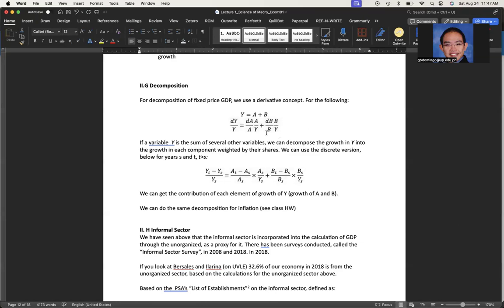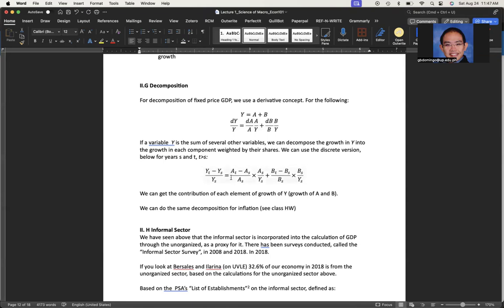This is the discrete version of the above. It's the same as the above, but this time in terms of years. So you have yt minus ys over ys is equal to, so this is the change or growth in GDP or some variable like inflation, for instance. It doesn't have to be GDP, it could be inflation.